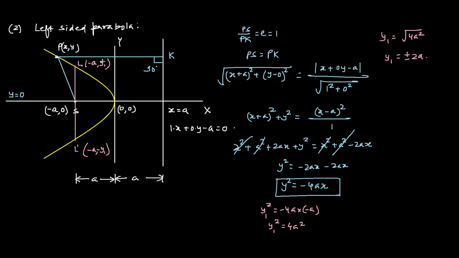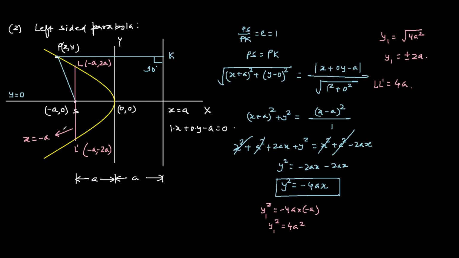So now we can write the coordinates of L and L dash as minus a comma plus 2a, because L is lying above the x-axis and L dash is lying below the x-axis, so it is minus a comma minus 2a. The length of the latus rectum is 2a above the x-axis and 2a below the x-axis, so the length is 4a, and we can write the equation for this latus rectum as x equal to minus a.